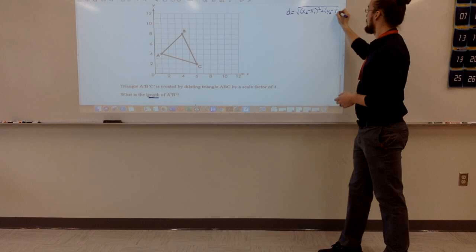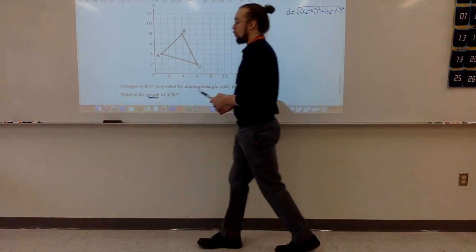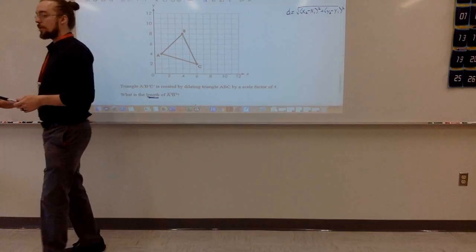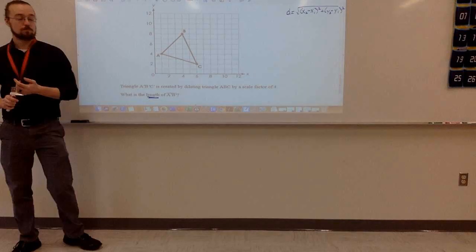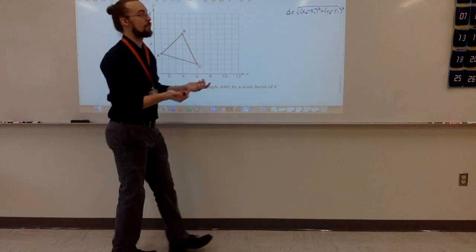So, one thing that we talked about yesterday is that the length of each side of a figure is scaled by whatever the scale factor is. So, for example, if AC has a length of 10, and I change the size of the triangle by a scale factor of 4, the length of A prime C prime would be 10 times 4, 40.